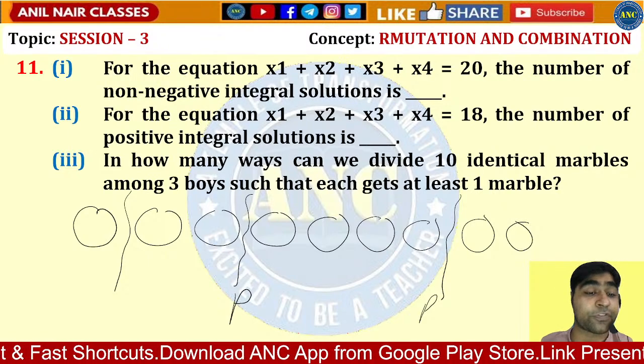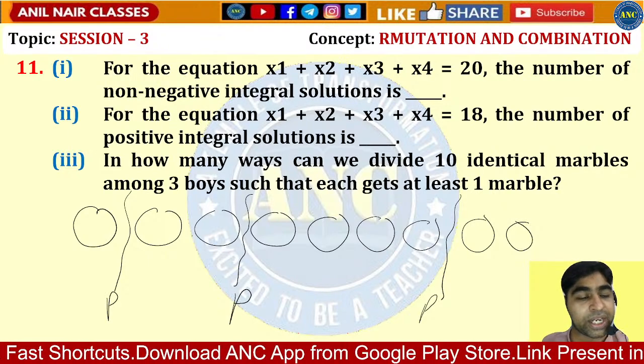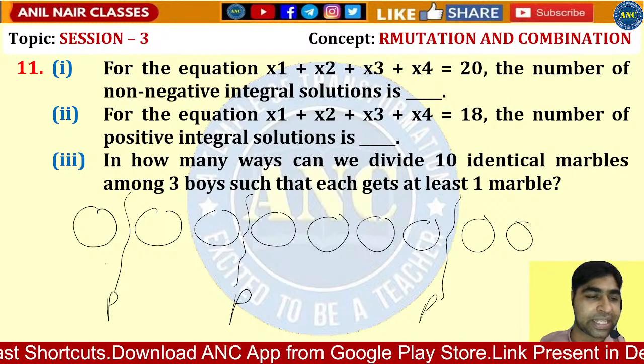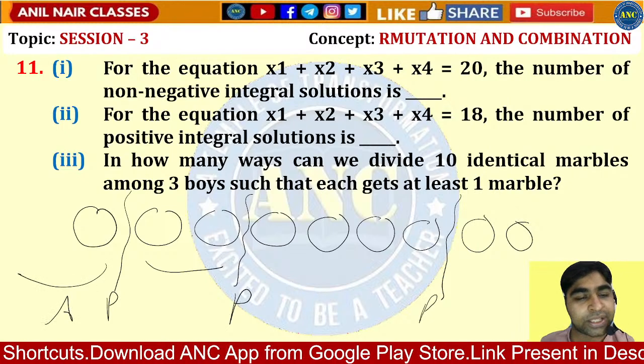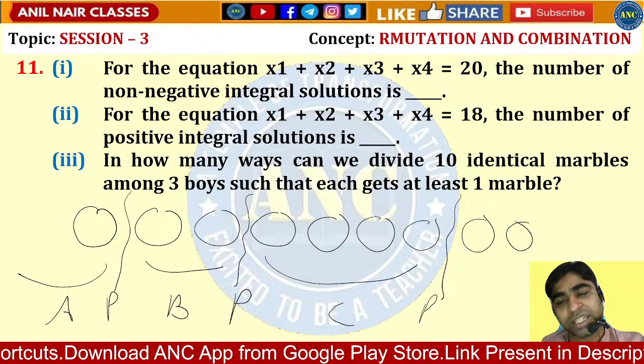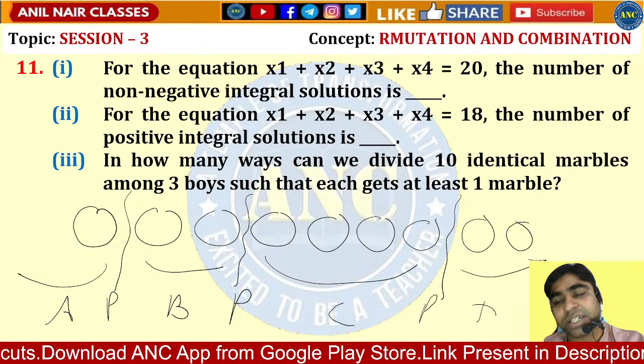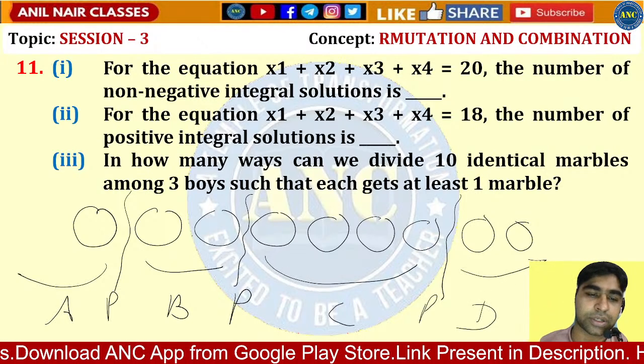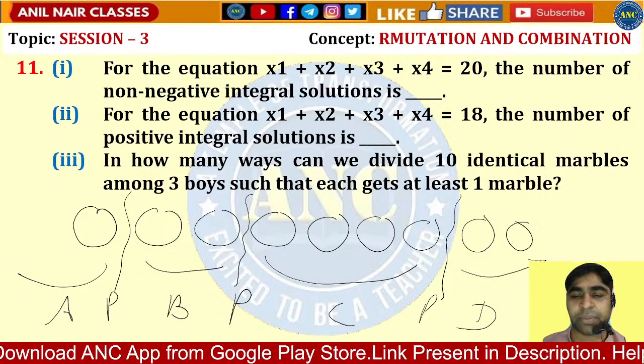Actually, if I need to divide among 4 persons, I would need 3 partitions. I'll say this much A keeps, this much B keeps, this much C keeps, and to the right of this, this much D keeps. Understanding my point?